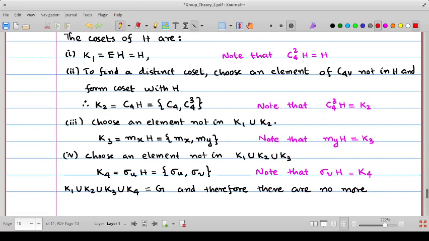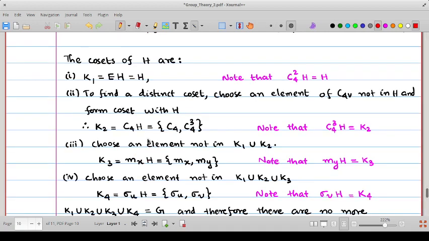And the next one is to choose an element of C4V which is not in K1 or in K2, so that we will get a new distinct coset. So it should not be E, C4 square, C4 or C4 cube. So I can choose the element Mx and construct the coset MxH.